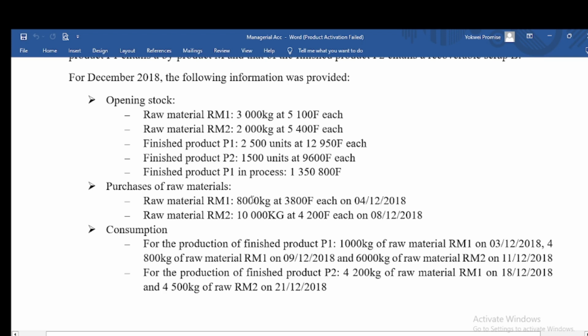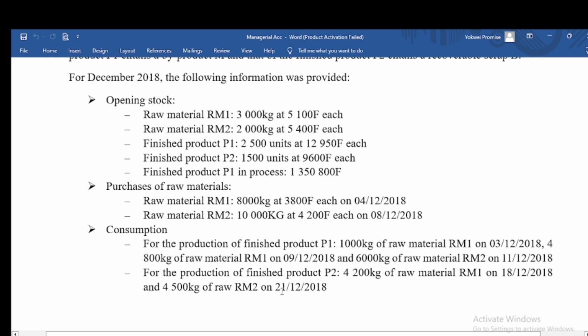And then again on the 9th, there was consumption of raw material M1. How many? 6,000 kilograms. And then we also have consumption again on the 18th. Raw material M1 on the 18th, they consume 4,200, right?